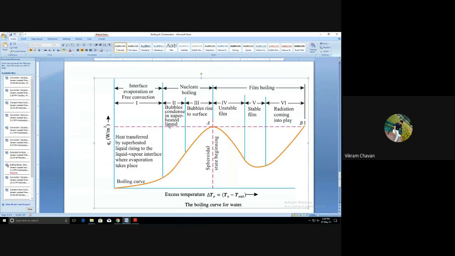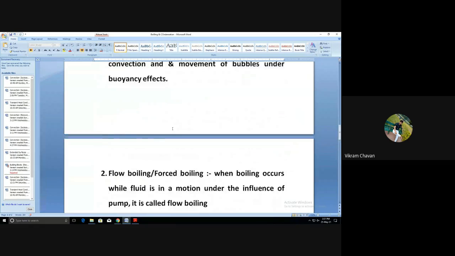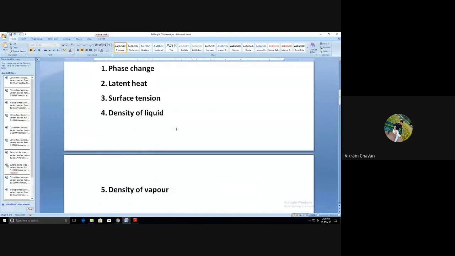That means we will get the different regions, the different phases of boiling. We will discuss that in the next lecture, but until now, whatever we have discussed, we'll complete that write-up. If you have any doubt or question, you can ask.